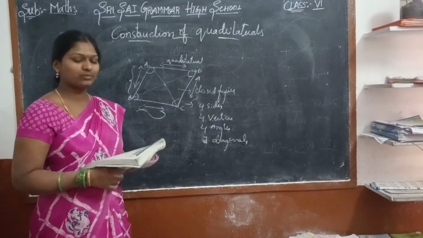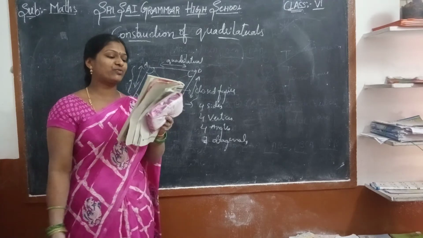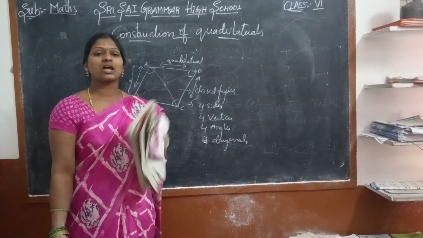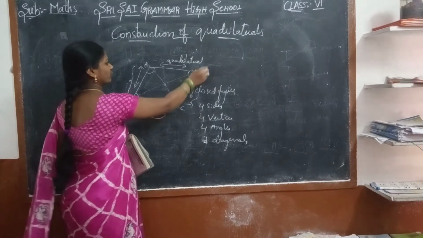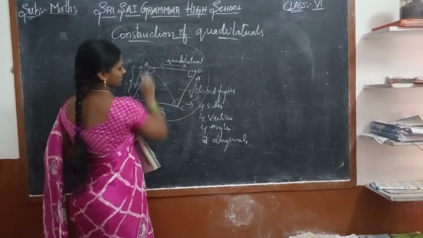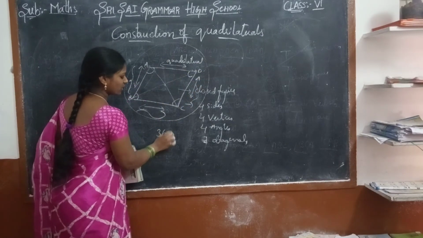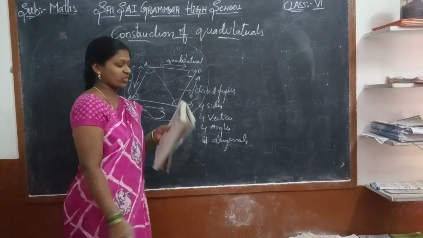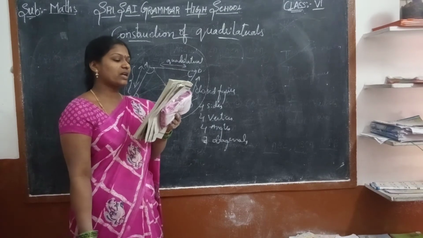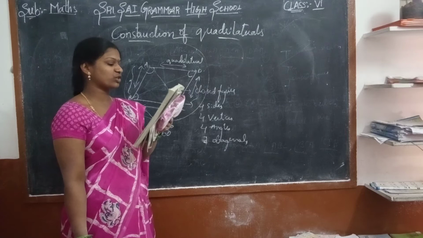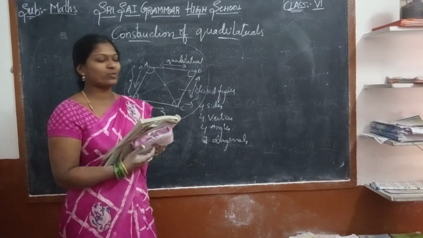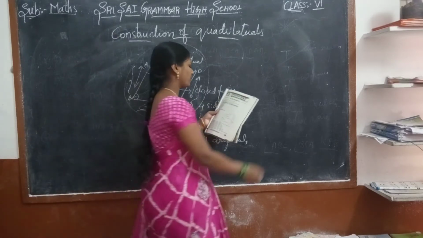Understood? Now, the sum of the 4 angles of a quadrilateral is how much? The sum of the 4 angles in a quadrilateral is equal to 360 degrees. How many types of quadrilateral are present?